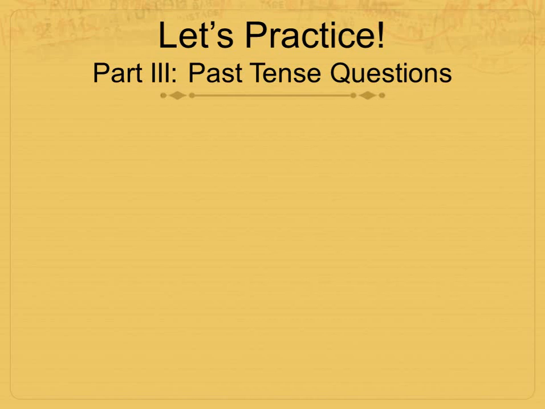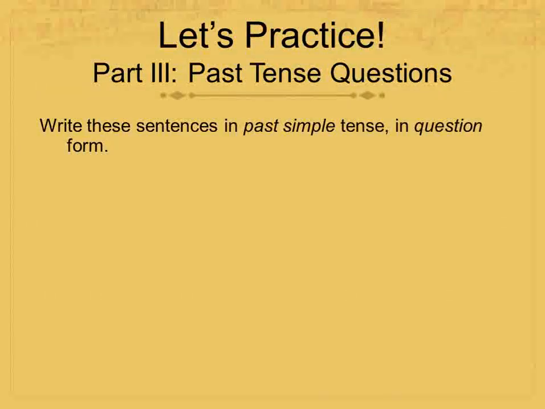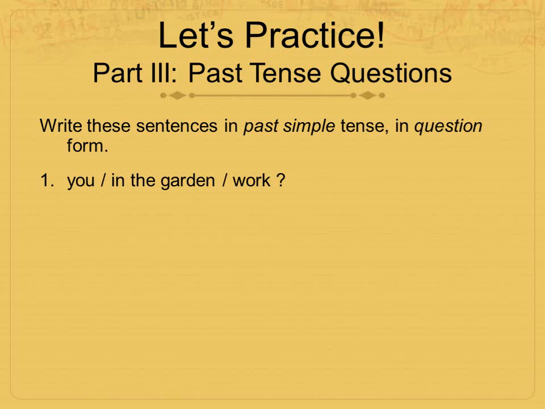Last part, questions. So I would like you to write these sentences in the past simple tense in question form. So number 1, you work in the garden. We know we have to add did. And we know from our question order that did will come before the subject, which is you, right?